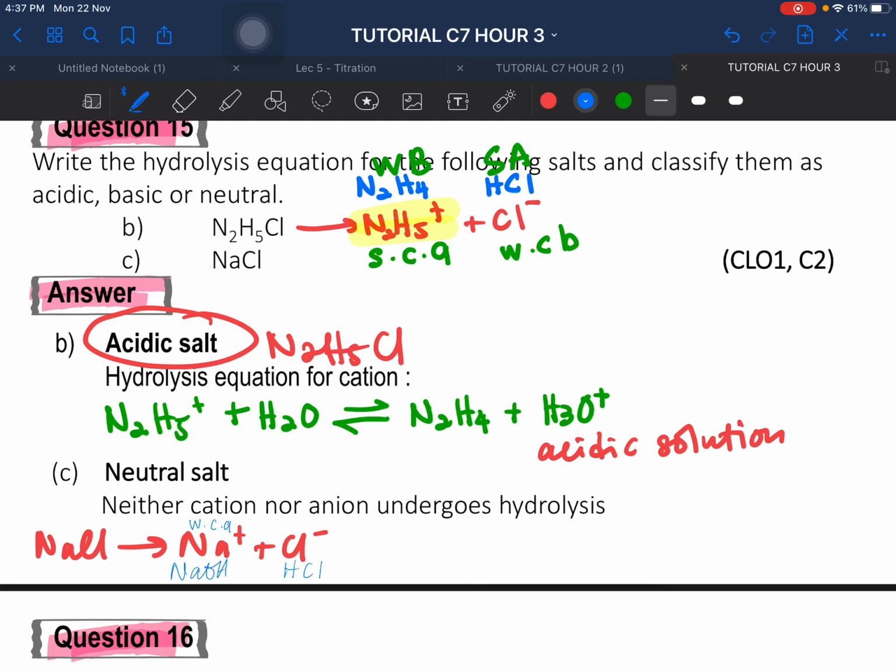So Cl minus will become weak conjugate base. Since both of them are weak, both of them cannot hydrolyze water. Since they cannot hydrolyze water, the concentration of H plus or extra OH minus is not produced. That means it is neutral salt.